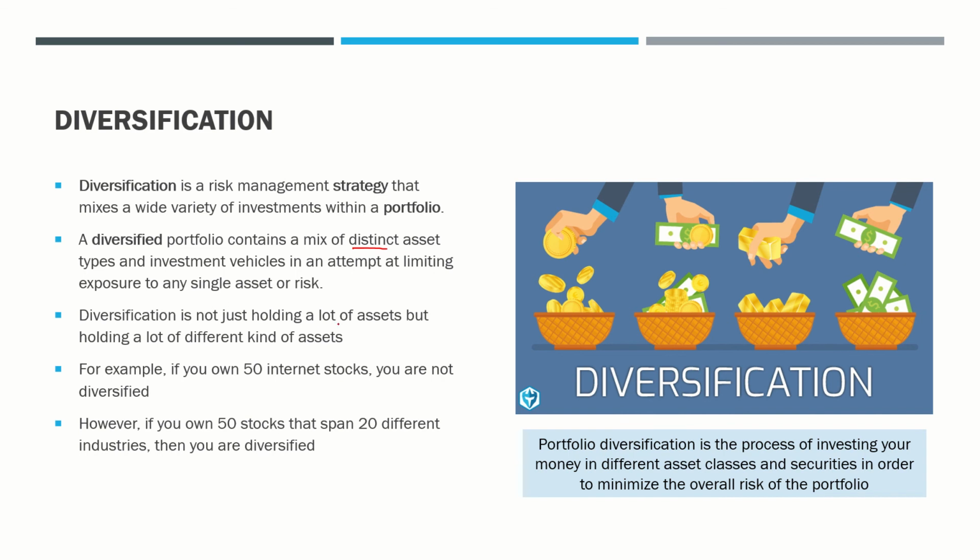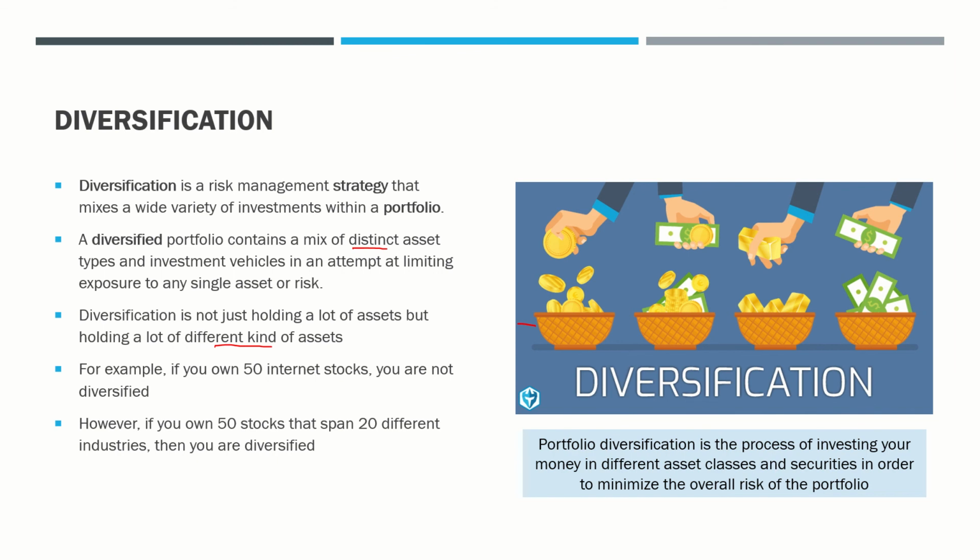Diversification is not just holding a lot of assets, but holding a lot of different kind of asset. Maksudnya, kita kata contoh aset teknologi. Bukan kita beli 10 aset, tapi dalam industri teknologi.